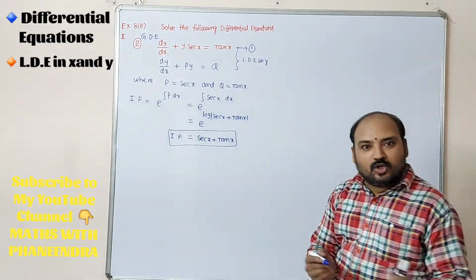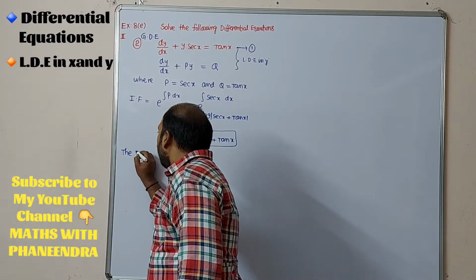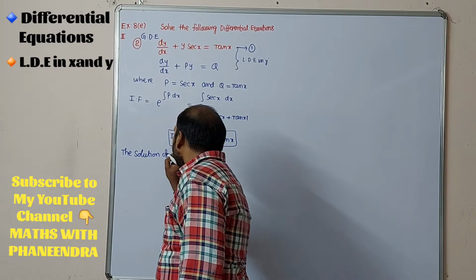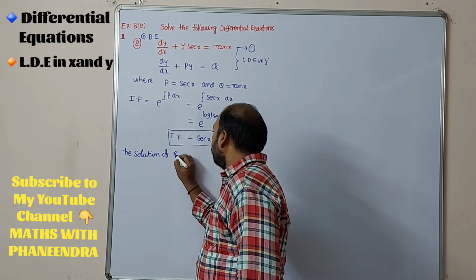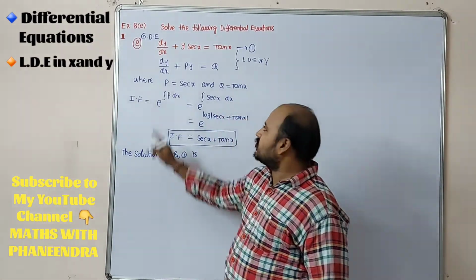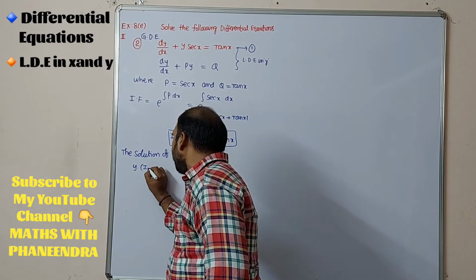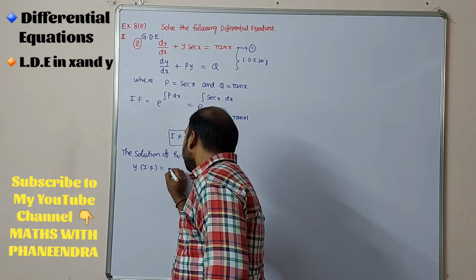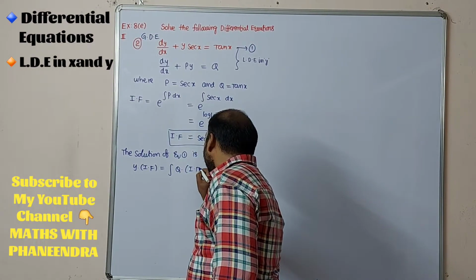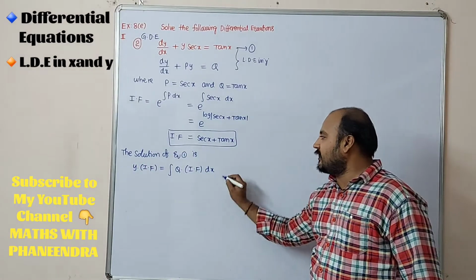After that, the solution of the given differential equation is, start with y: y into integrating factor is equal to integral Q into integrating factor into dx, start with y, end with x plus c.